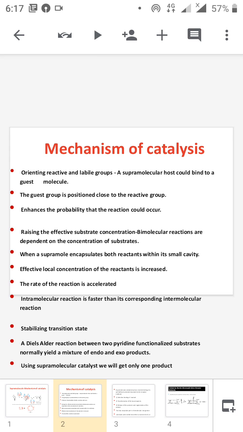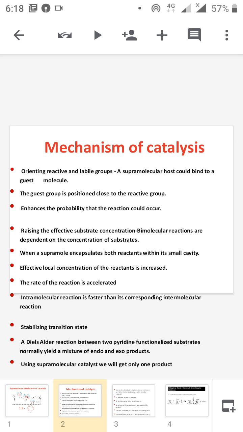This is mainly because the binding site will bind the reactive molecule, and there is an interaction between the reactant molecules, so normally the rate of a reaction is accelerated.